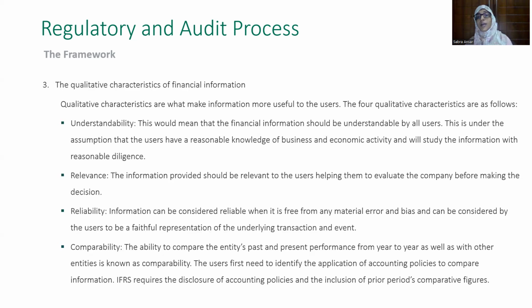If there is some kind of error, then obviously you will wonder, is this information sufficient for me to make this particular decision, like to invest in a particular company? Is this sufficient for me to decide upon? So the information should be reliable.